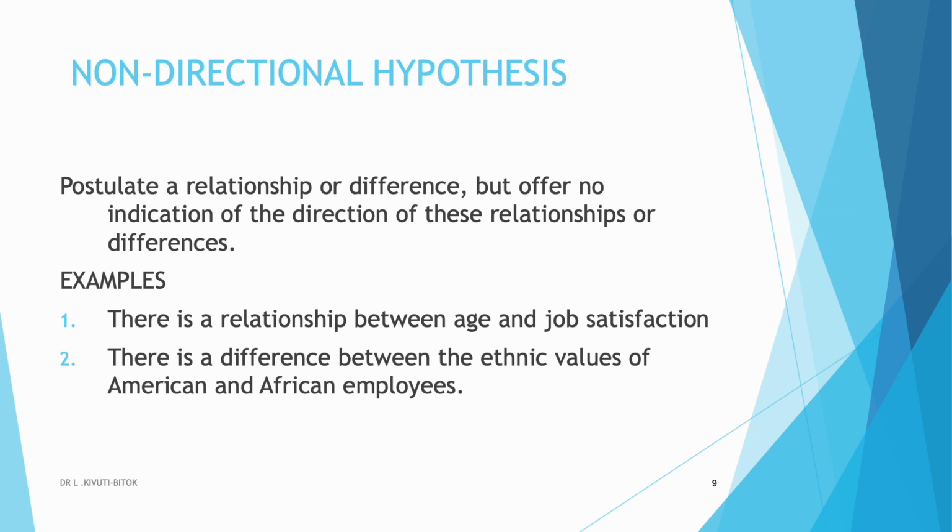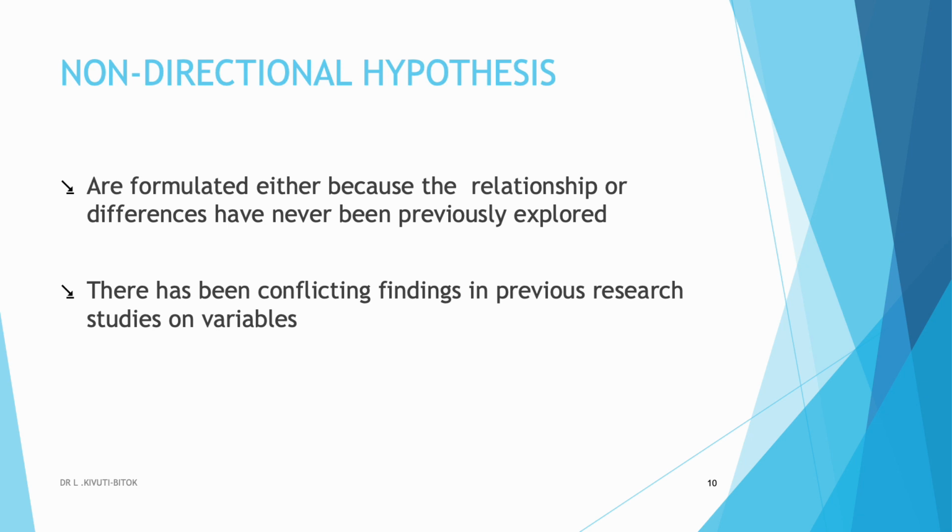We can go and test that hypothesis and probably come up with a directional or non-directional hypothesis if need be. Non-directional hypotheses are often formulated either because the relationship or the difference between the variables has never been previously explored, or because your literature review finds conflicting findings in previous research studies on the specific variables.